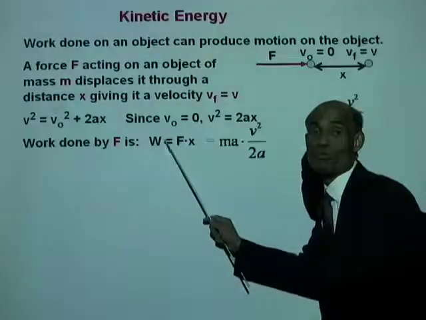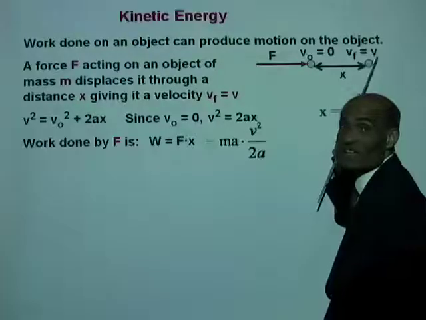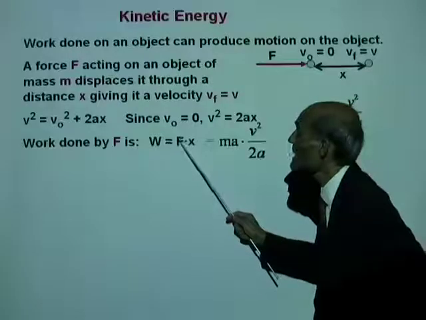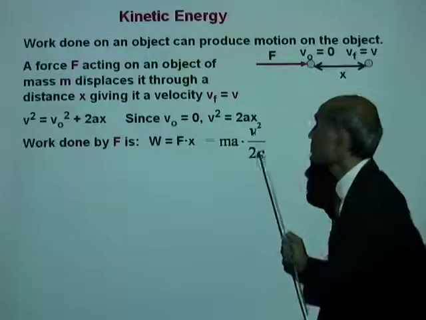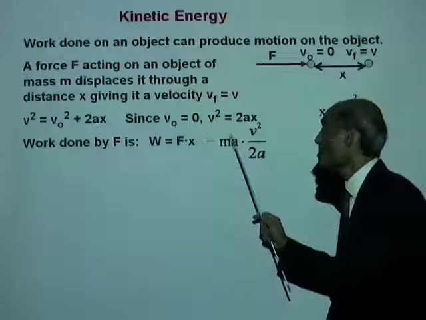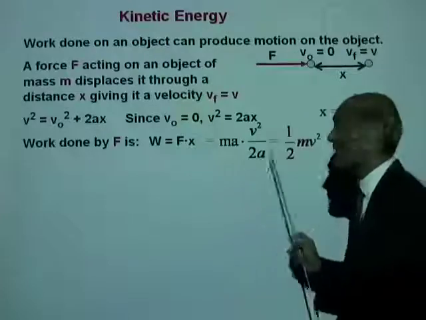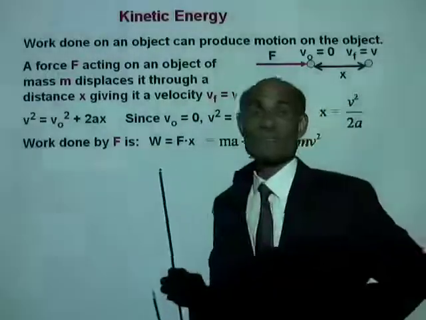So the work done on this object in giving it a velocity v is W equals F times x. That will be ma times v squared over 2a, and you can see a and a will cancel, and that will be 1/2 mv squared.